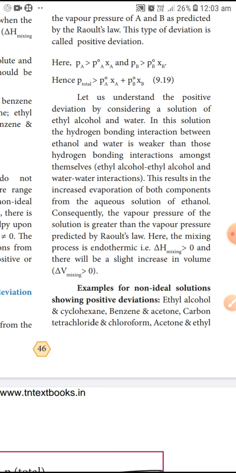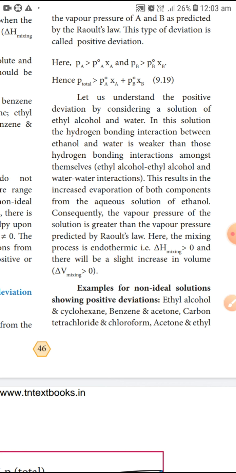Example of positive deviation: ethyl alcohol and water. In the solution, the hydrogen bonding interaction between ethanol and water is weaker than the hydrogen bonding interaction among themselves.